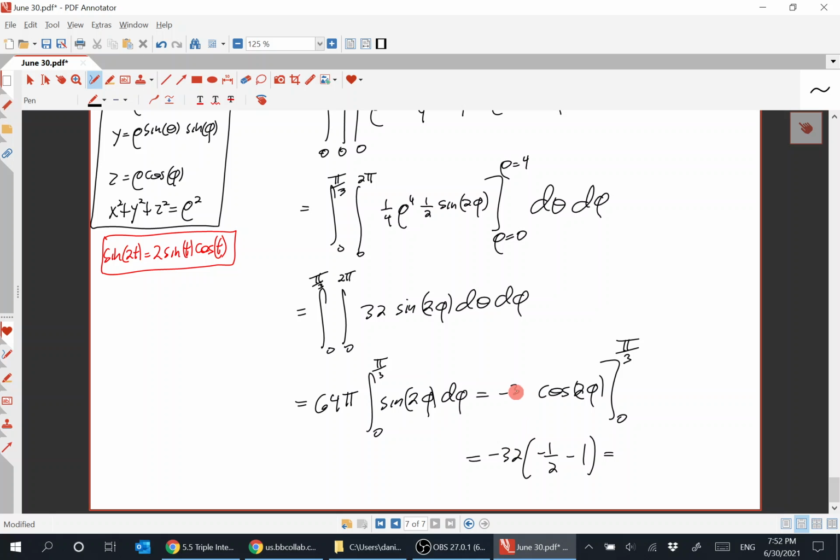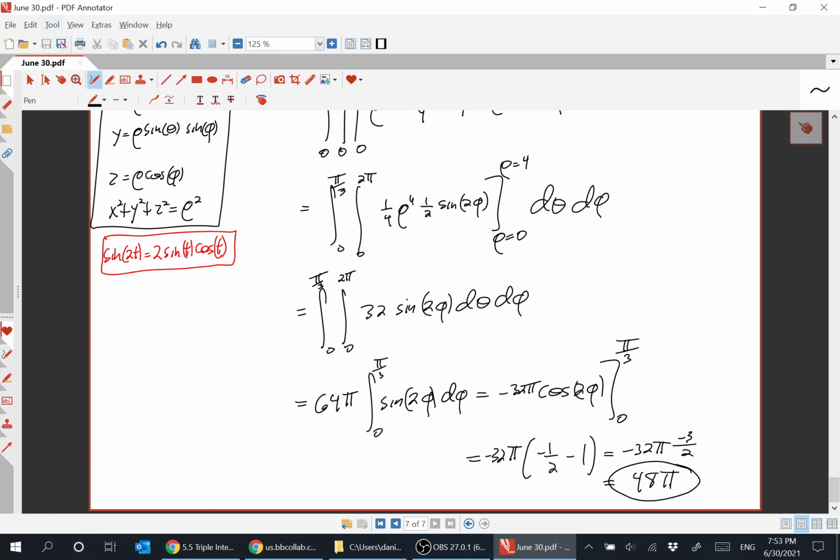There's a pi missing. So minus 3/2 times minus 3/2 gives 16, 16 times 3 is 48. So 48 pi altogether. Okay. Nice, spherical coordinates.